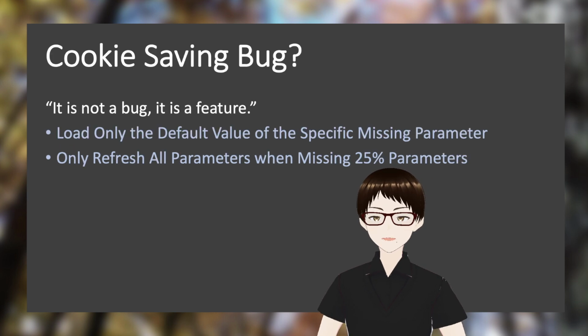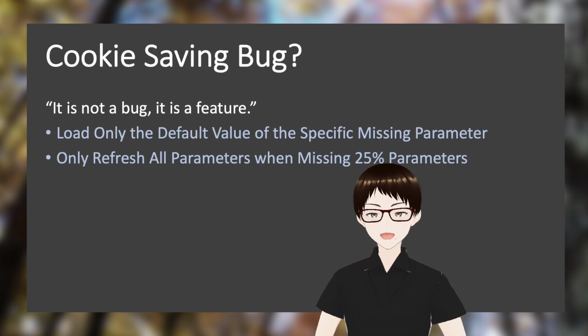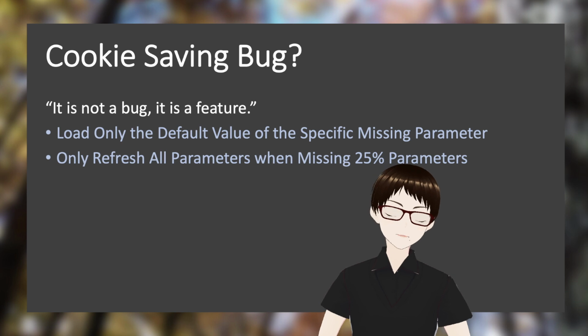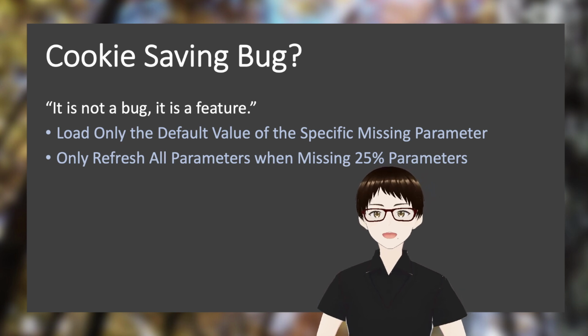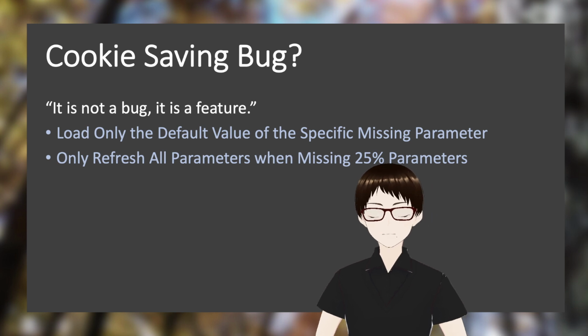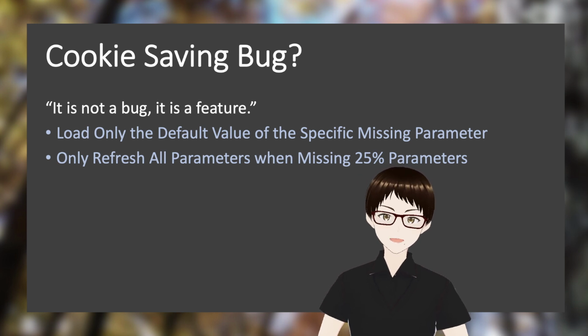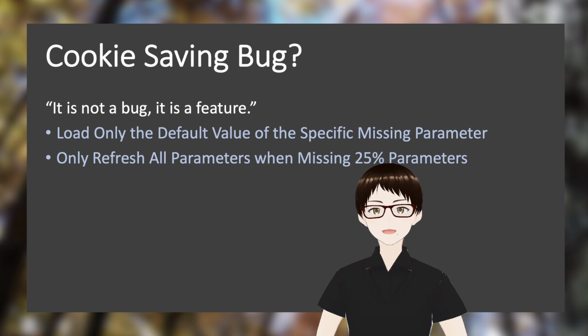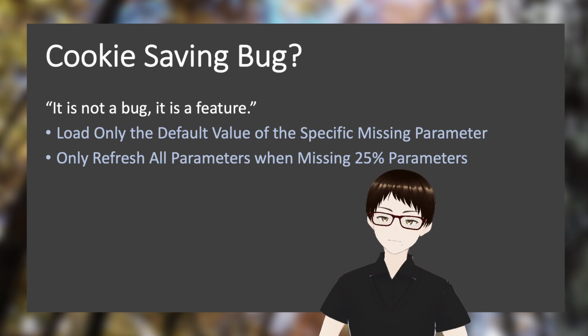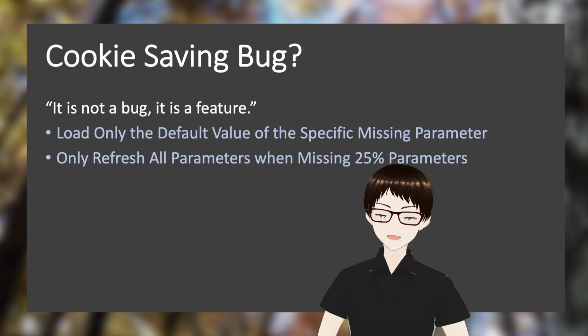All right, the next and the last item that we developed is this cookie saving bug. One of the community members reported that there is a save setting button, right? So we just mentioned it. You can save your settings. But when he was using it, he found that sometimes the settings would not be saved. And this is actually not a bug.